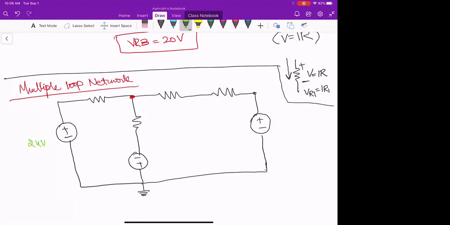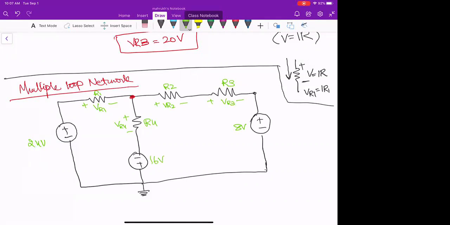So this is 24 volts, plus minus VR1, plus minus VR2. So it's R1, R2, R3, R4, that's why we are defining it like that. So this will be plus minus VR3, plus minus VR4. This is 8 volts and this is 16 volts.